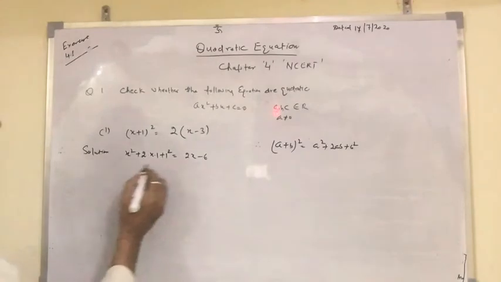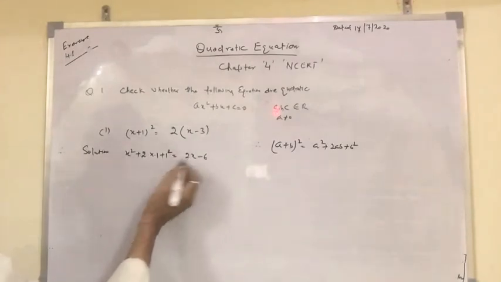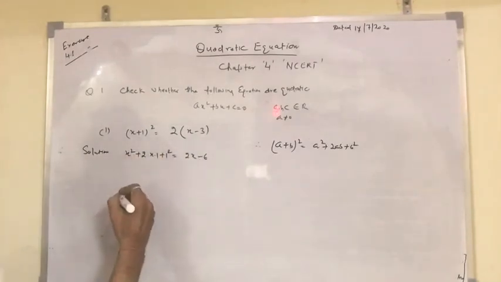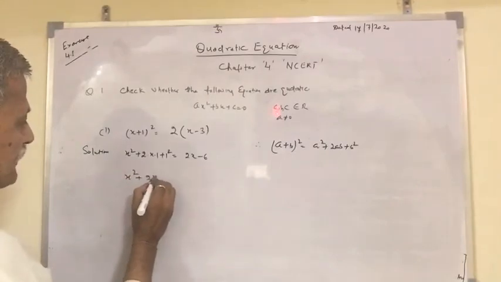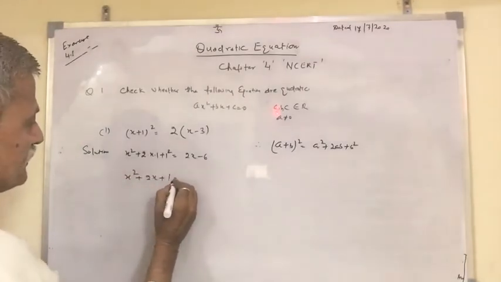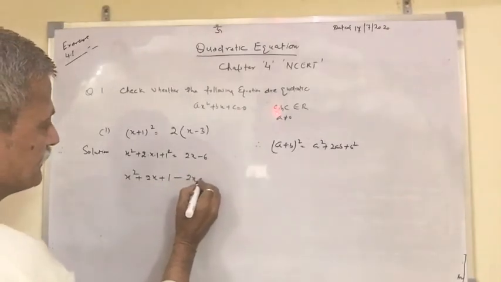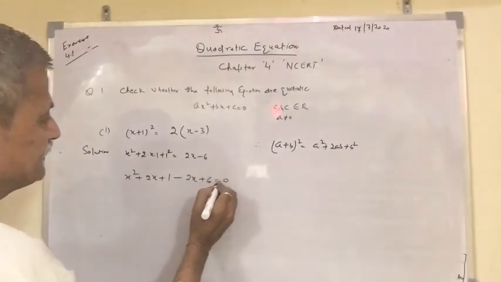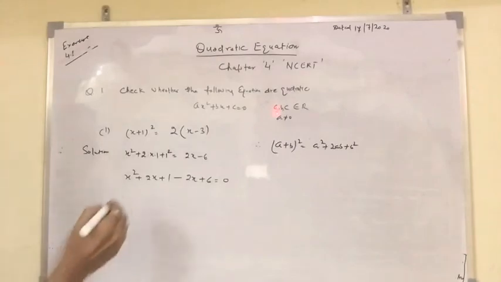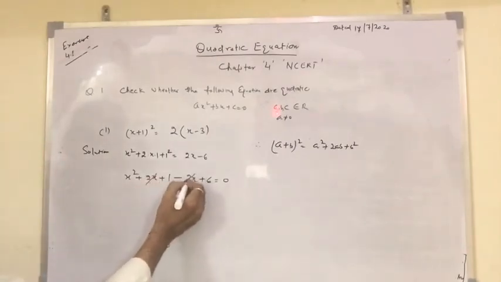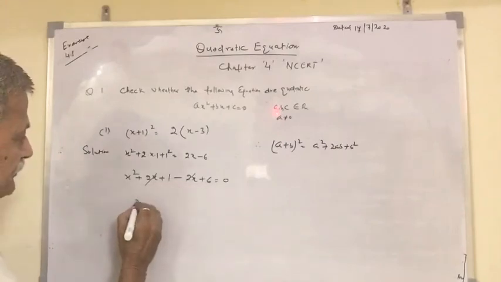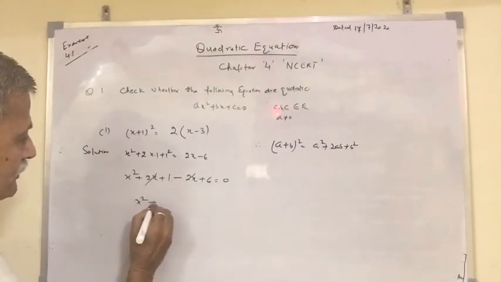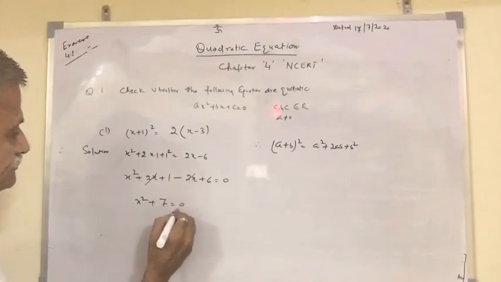Taking everything to the left hand side, your value becomes x square plus 2x plus 1 minus 2x plus 6 is equal to 0. Now this 2x and this 2x cancel off, and 6 plus 1 is equal to 7. So x square plus 7 is equal to 0.